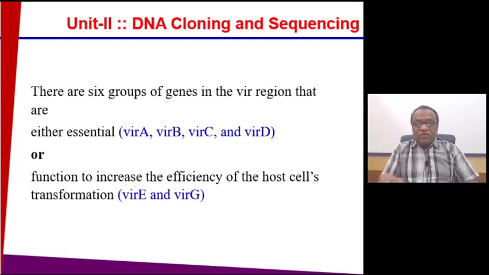Right. Now, further, there are 6 groups of genes in the VIR region. The essential ones are the VIR-A gene, VIR-B gene, VIR-C gene and VIR-D gene.